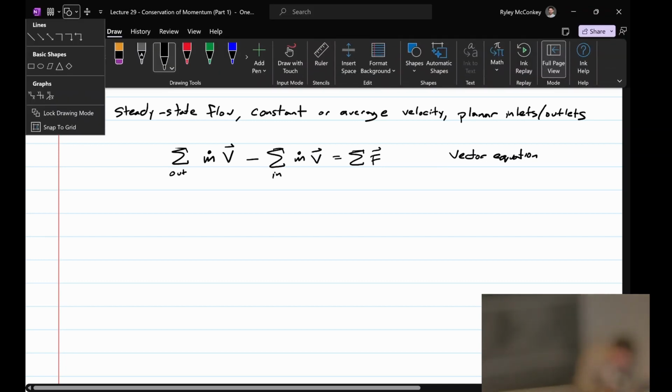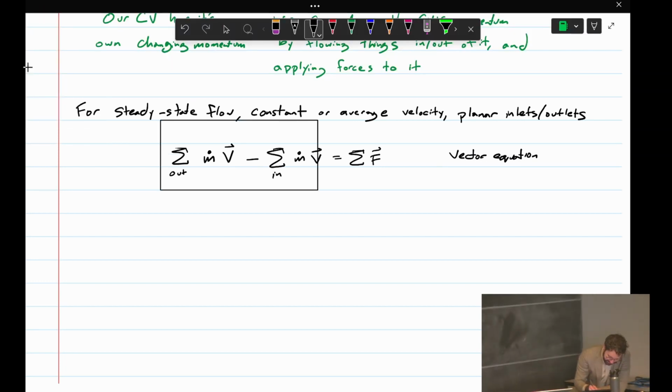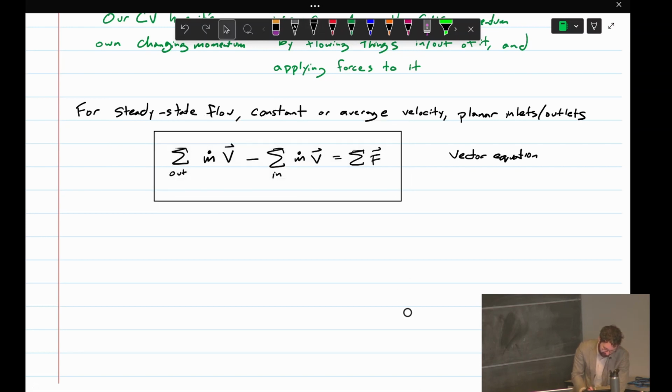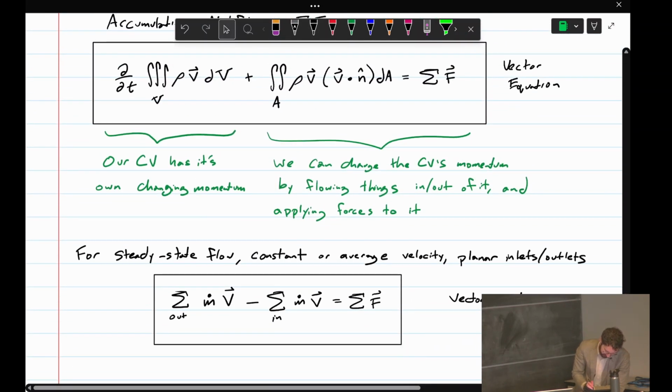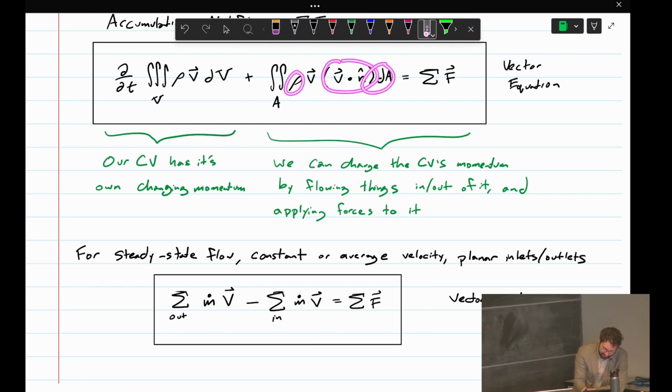So we need all those assumptions in order to pull things like the mass flux out of the integral. For example, if everything is basically constant in here, the integral of rho v dot n dA gives us m dot. So that's where that m dot comes from. And then this v comes from the remaining v.